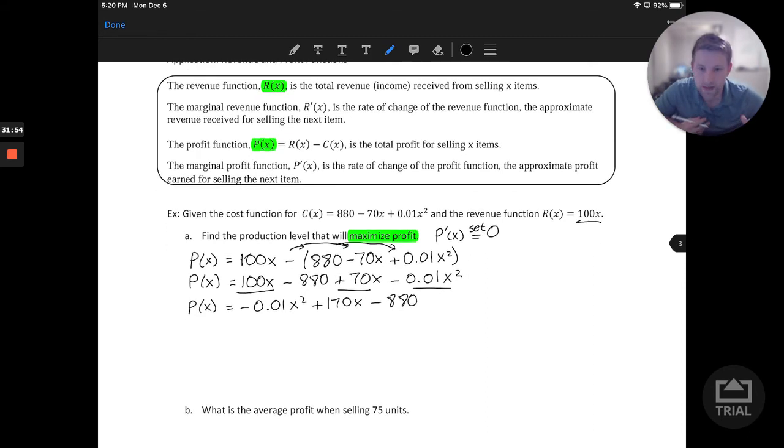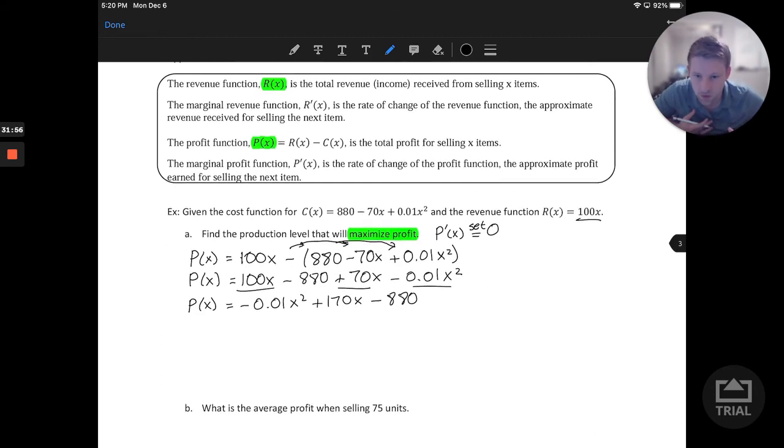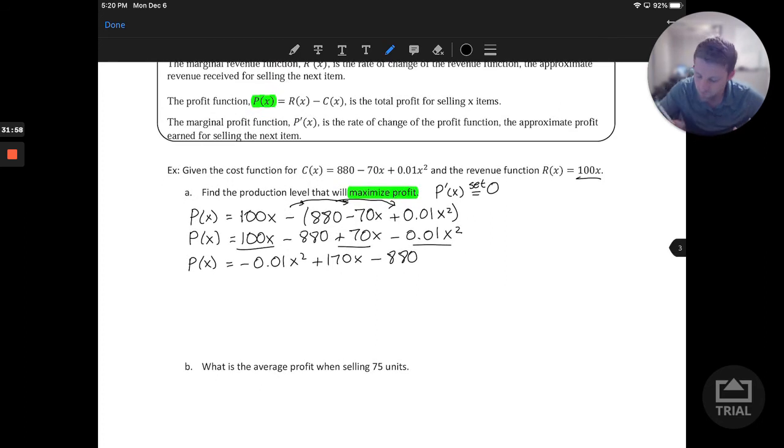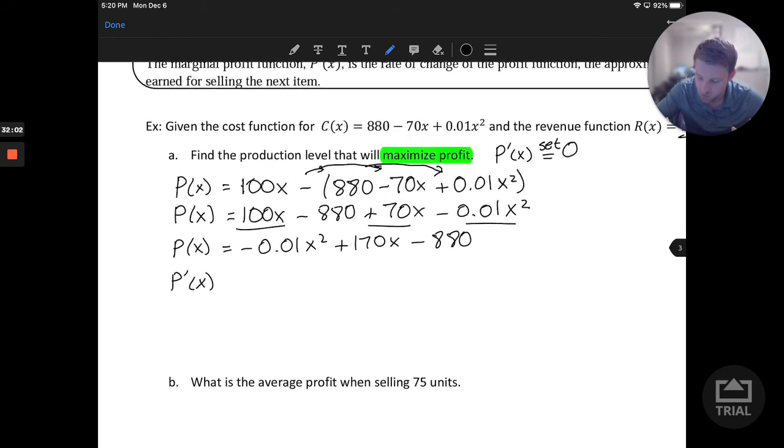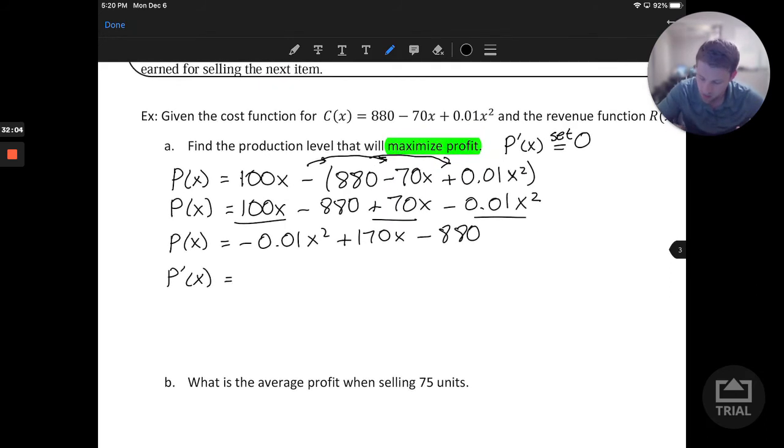We can go ahead now, taking a look at this, I think it's a good time to take our derivative, find P prime of x, the marginal profit function. We'll have negative 0.02 times x plus 170, and then again the constant goes to 0 when we take its derivative.